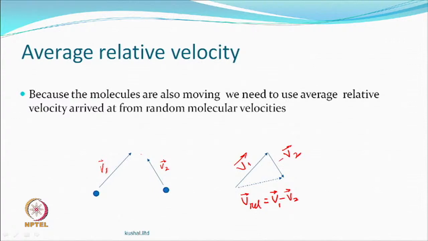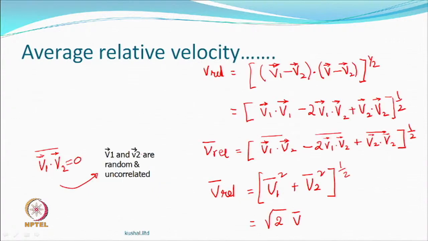How do we calculate that? The relative velocity is like a dot product of the difference of one and the other, squared, then taking the square root. If you do that, you get terms like this, because all of them are also moving, so all these terms can be averaged out.